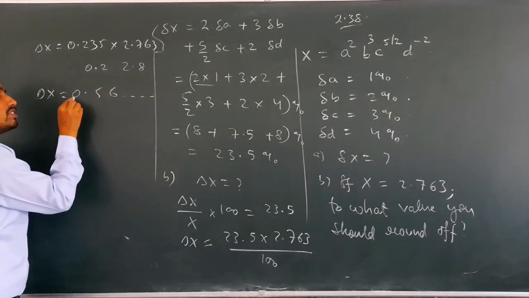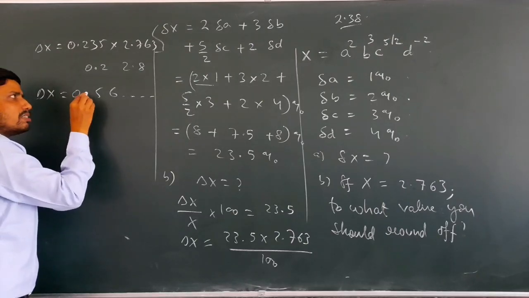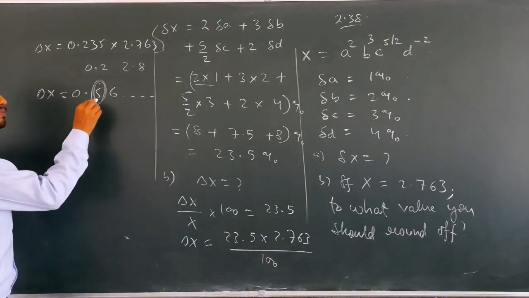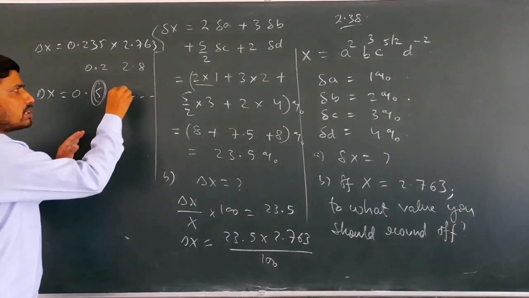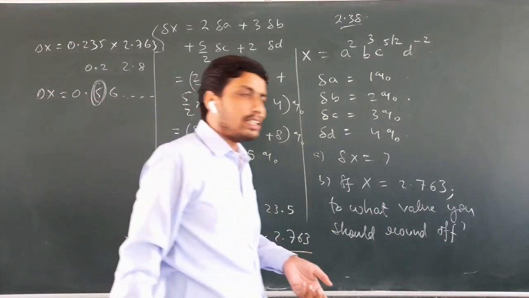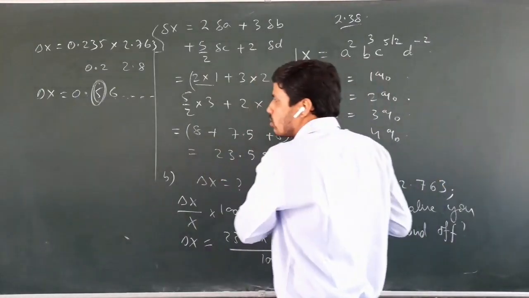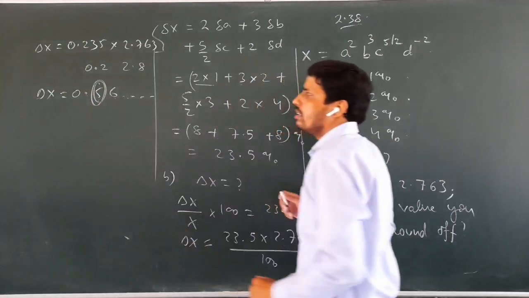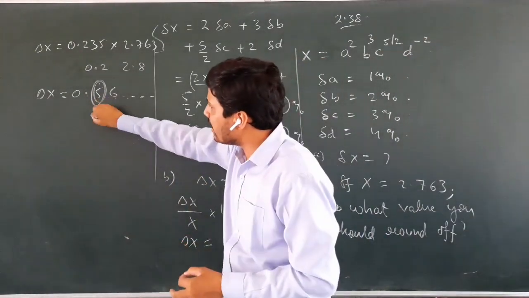The point is there is no error before decimal. And just after the decimal, at the first digit only there is some error. Since there is some error in the first digit after decimal, there is no point in writing these digits. They will not make the calculation more precise. So we should round it off to only one place after the decimal, because the error enters for the first time at this location.